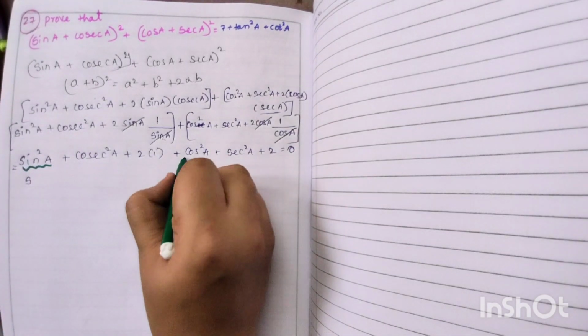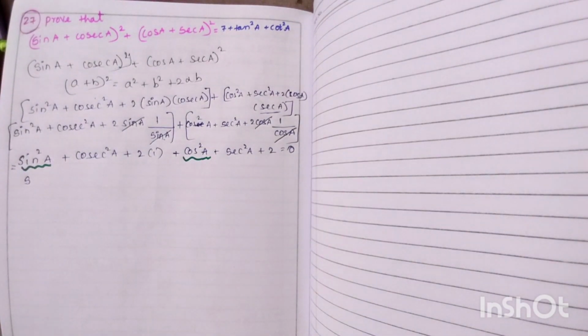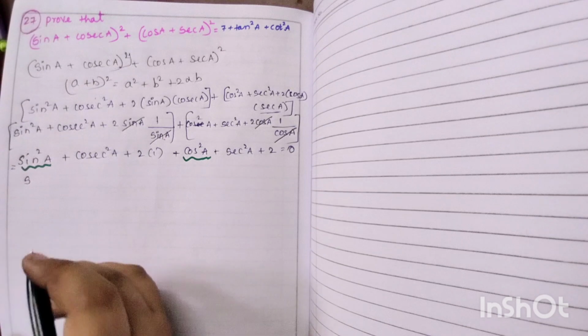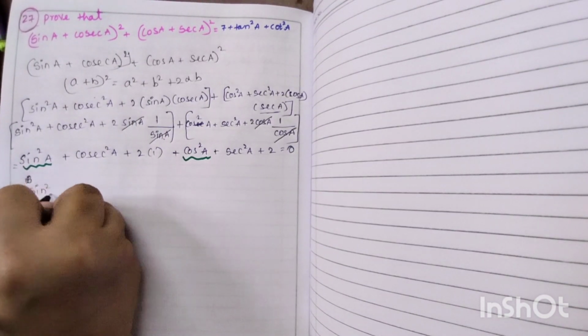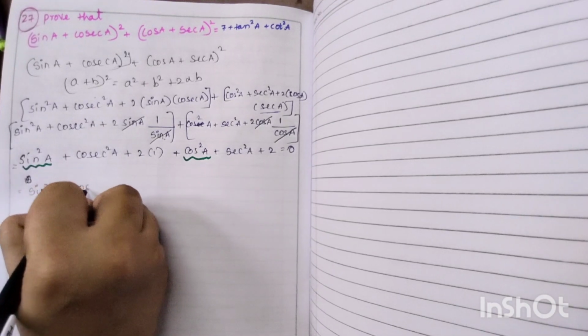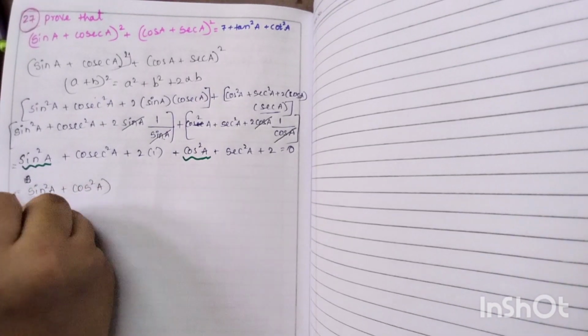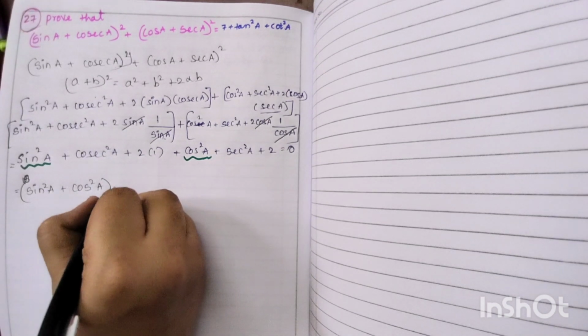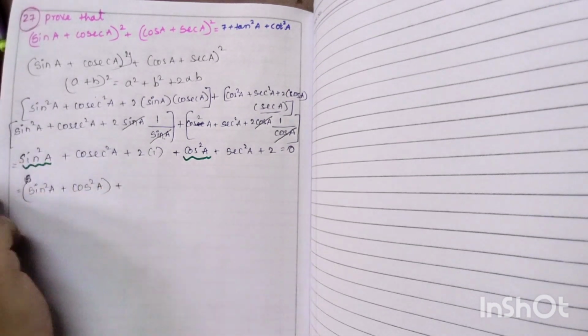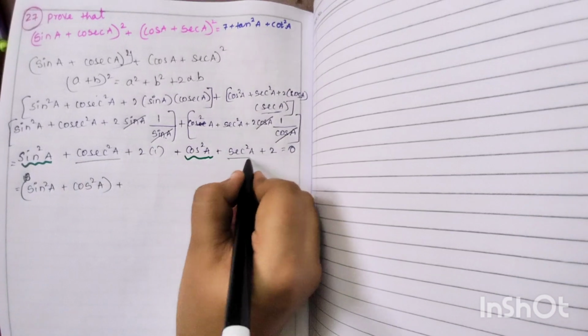sine square and cos square a, some formula. Will you tell that one? That is nothing but sine square a plus cos square a. Just remember the formula and tell me. Okay, then plus remaining this one, this and this.